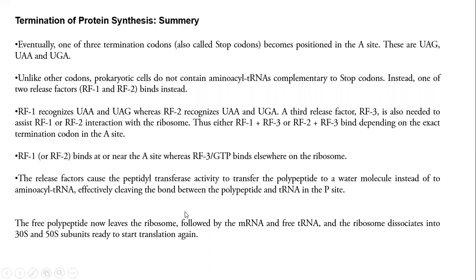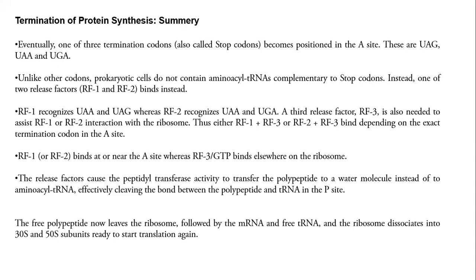These release factors cause the peptidyl transferase activity to transfer the polypeptide to a water molecule instead of the amino acid tRNA, effectively cleaving the bond between the polypeptide and tRNA at the P site. This is the main event by which the growing polypeptide chain is released from the ribosome.